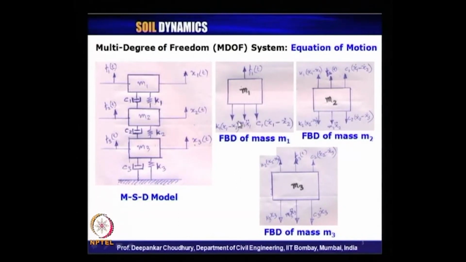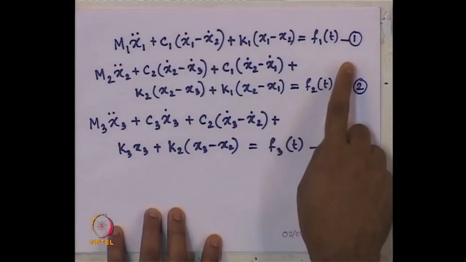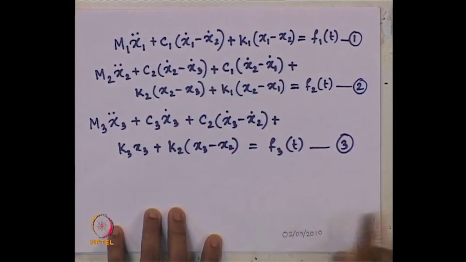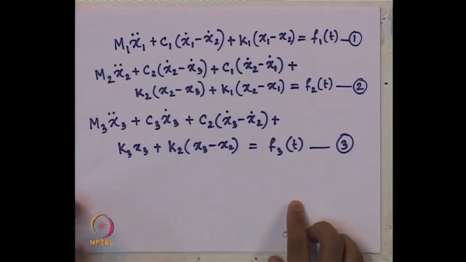We applied the D'Alembert's principle, that is equilibrium of all the forces in the vertical direction, and we had written 3 equations for each of the mass, and that equation was shown like this. So, these were the 3 equations we obtained from the free body diagram by applying D'Alembert's principle.